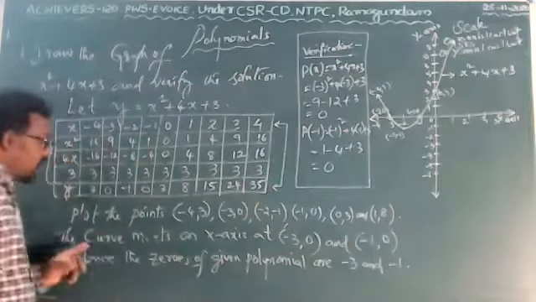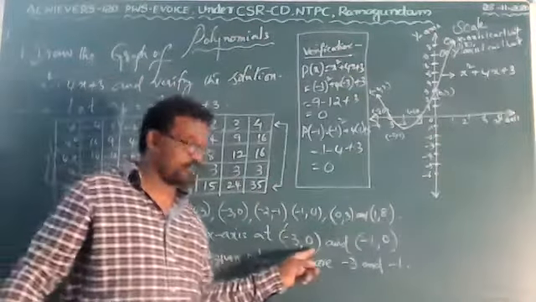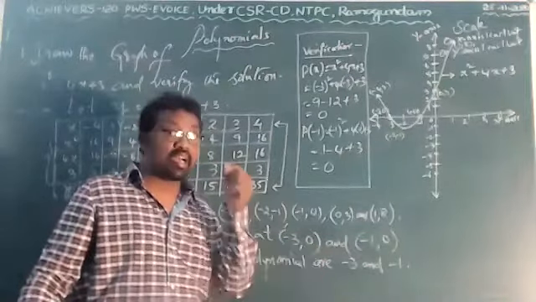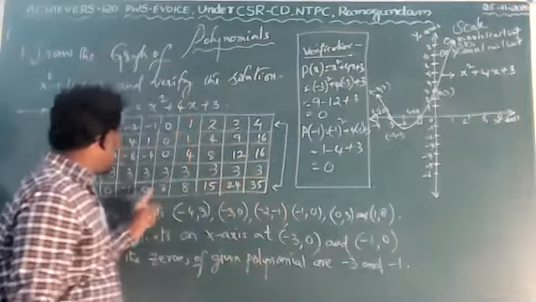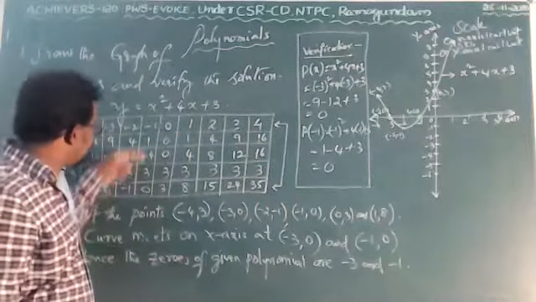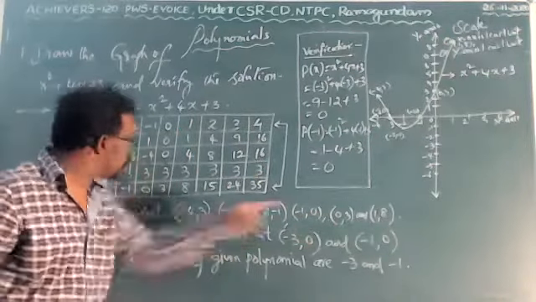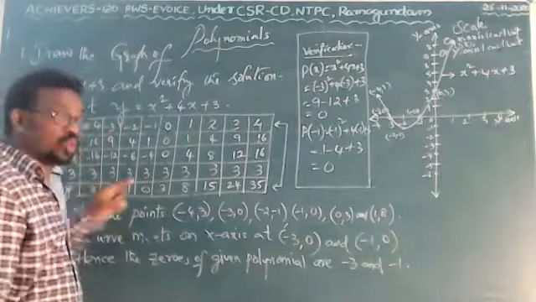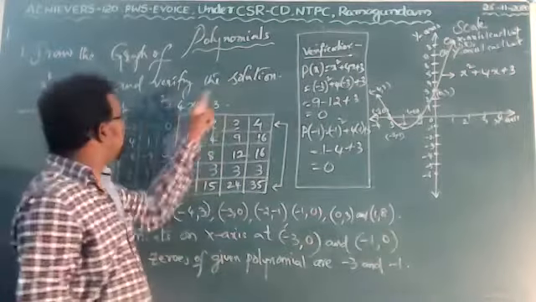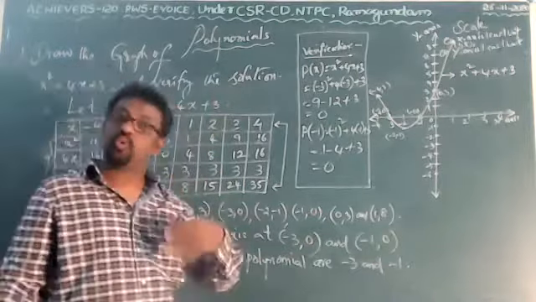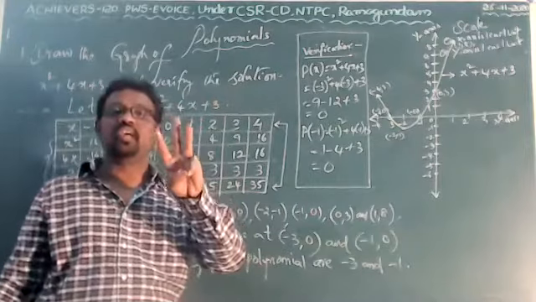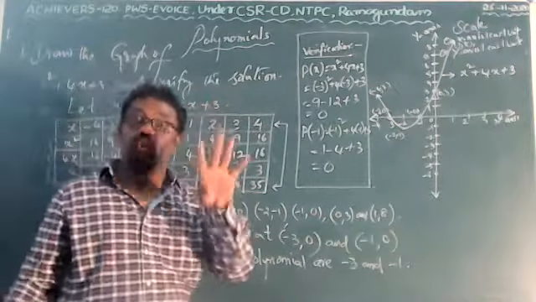The curve meets the x-axis at minus 3, 0, where y is 0, and at minus 1, 0. You get 2 zeros because the power is 2. If the power is 2, you get 2 zeros. If the power is 3, 3 zeros. If the power is 4, 4 zeros.